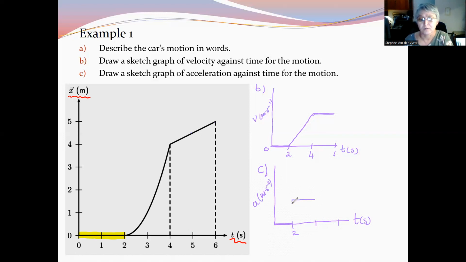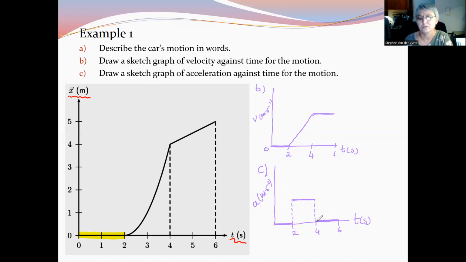The line representing acceleration must be parallel to the time axis, because we work with uniform acceleration only. And then when the car was going at constant velocity from 4 to 6 seconds, the acceleration was once again 0.